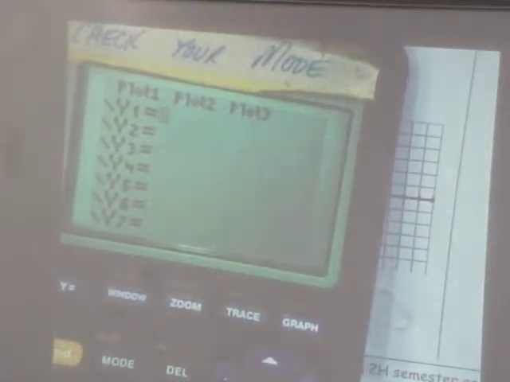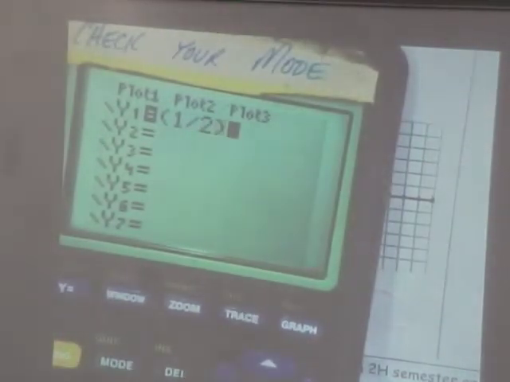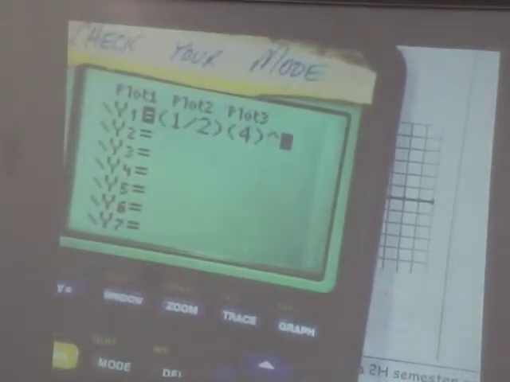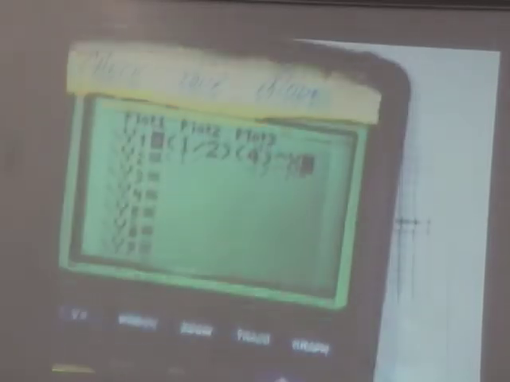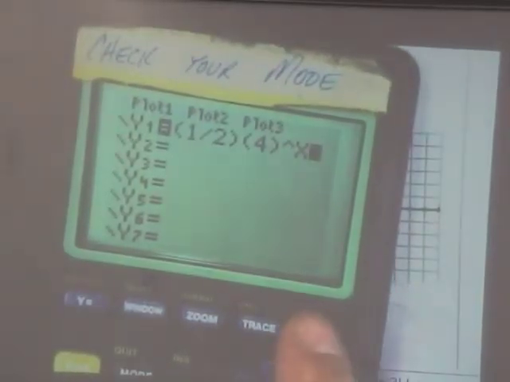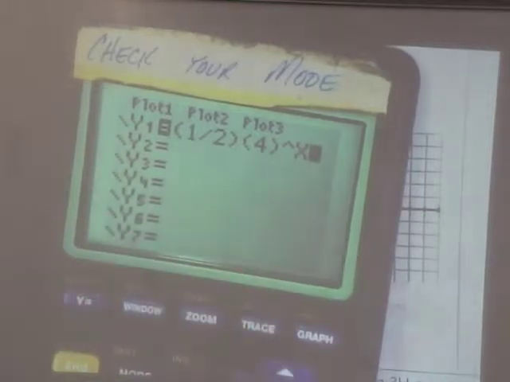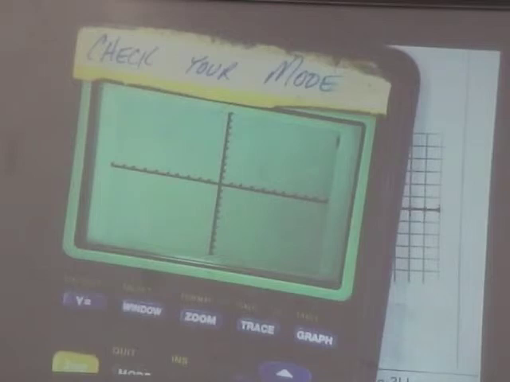So 1 divided by 2 times 4 raised to the x power. Hit graph. Hopefully you know what it's going to look like in general already. It's going to be exponential growth. It's going to cross the y-axis at positive 1/2. There it is.